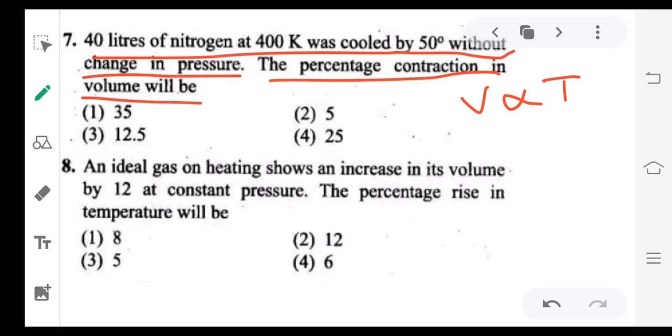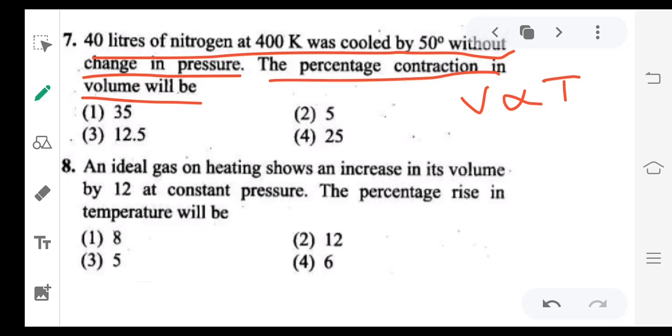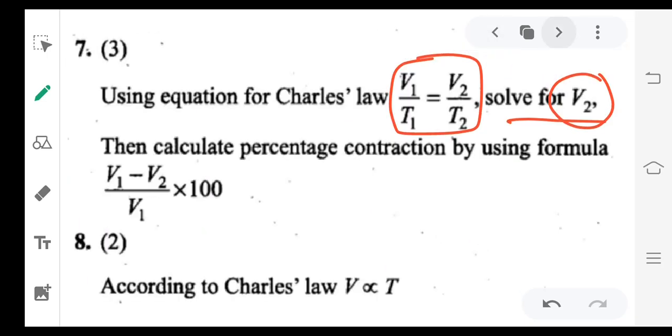By using that you can calculate V2, the volume at 350 Kelvin. Then the percentage contraction is initial volume minus final volume, by initial volume, into 100.